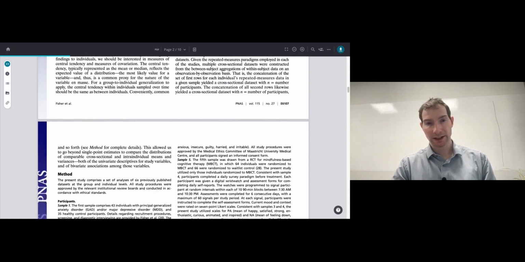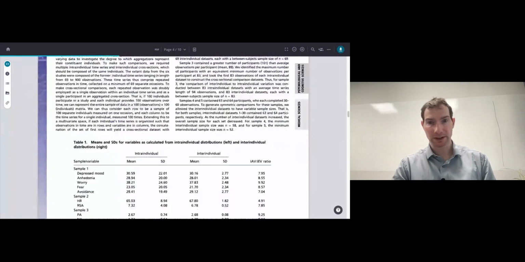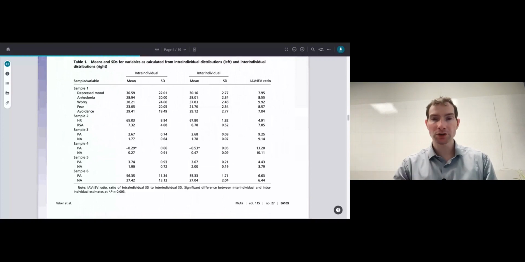And what they actually get is summarized in a table here. You don't need to read all of it. Essentially, this is related to some of the variables they were looking at in the 6 studies. So here, this was a study on depression.